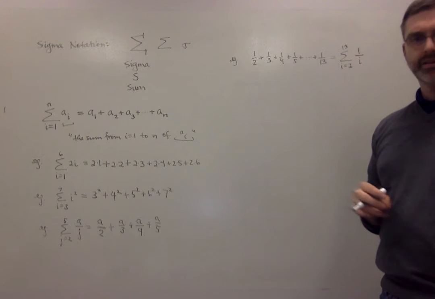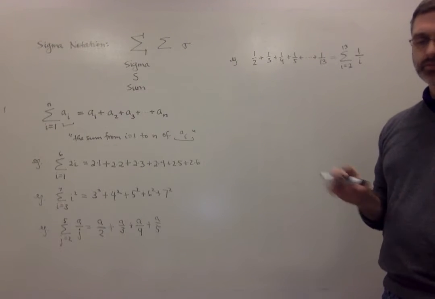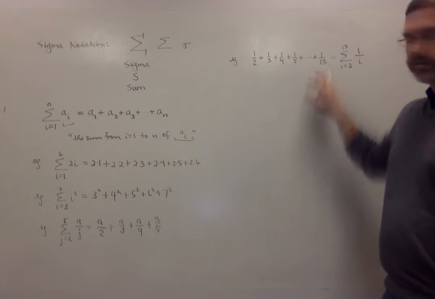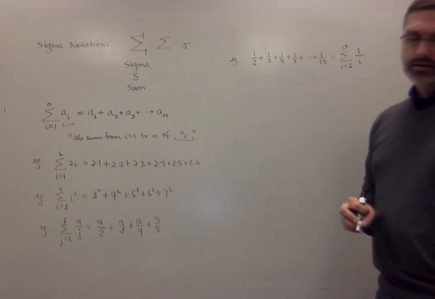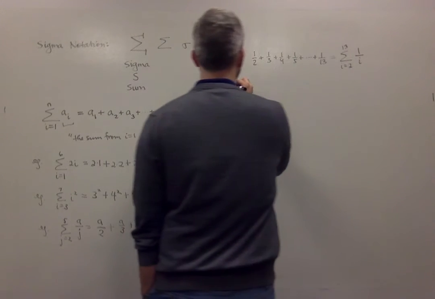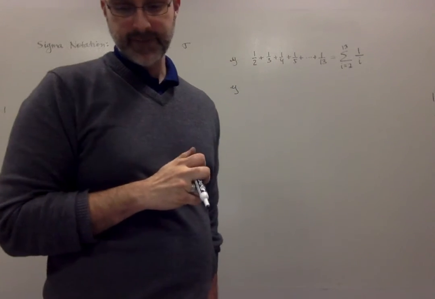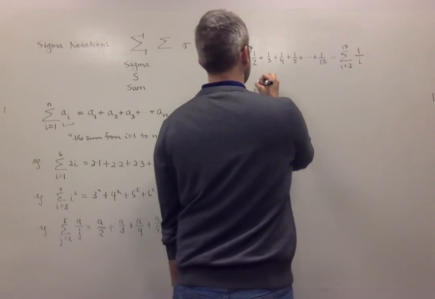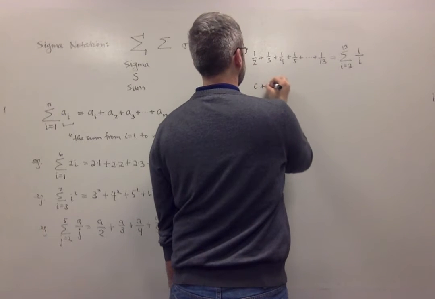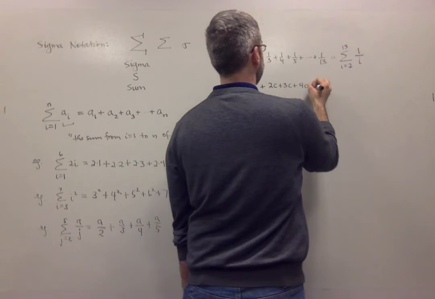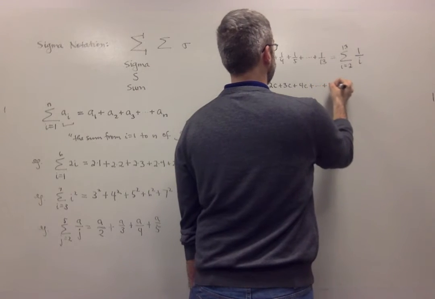Does that make sense? So this is a compact form for this long sum. Let's try another example here. Let's try c plus 2c plus 3c plus 4c all the way up to 10c. Okay?